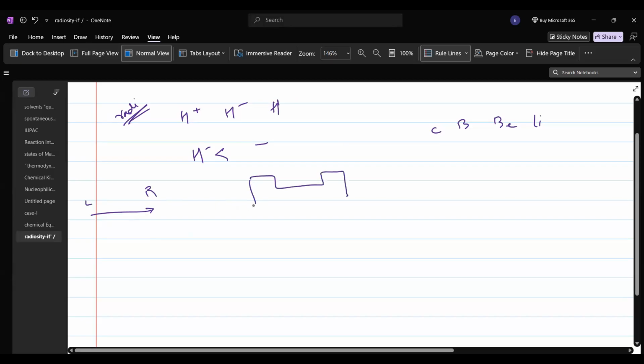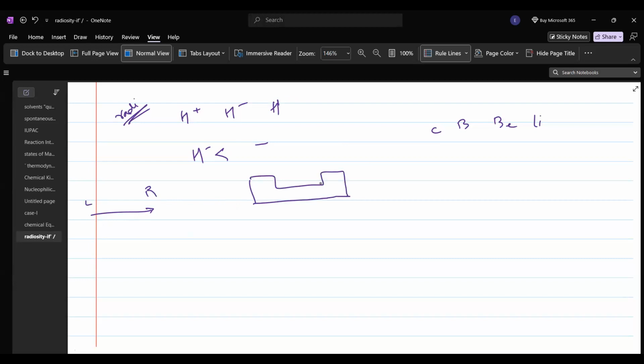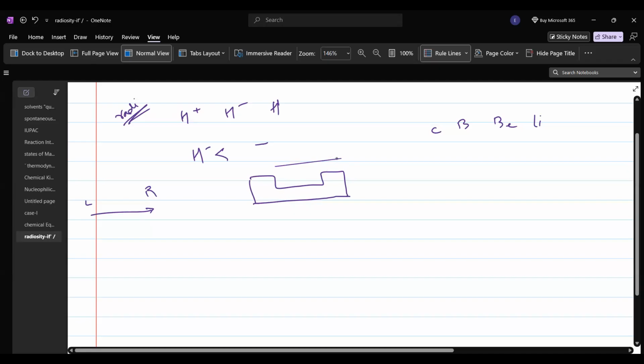Yes, sir. So as we move left to right, what happens to size? Size increases.